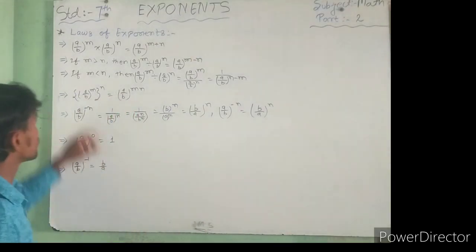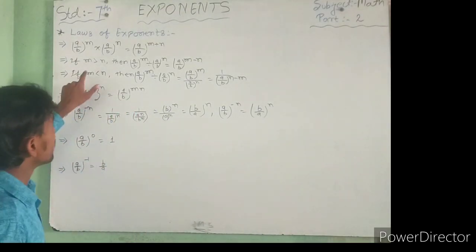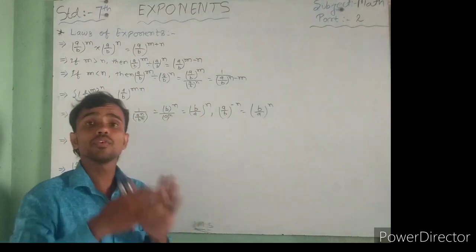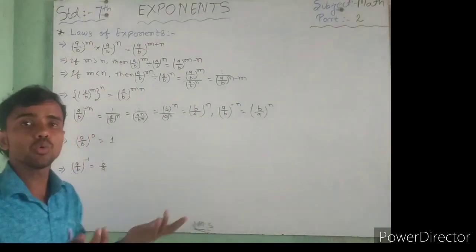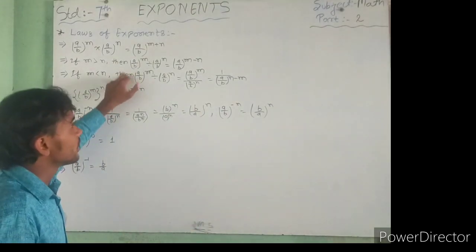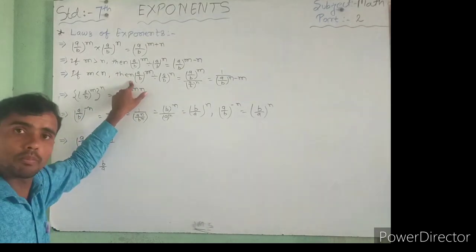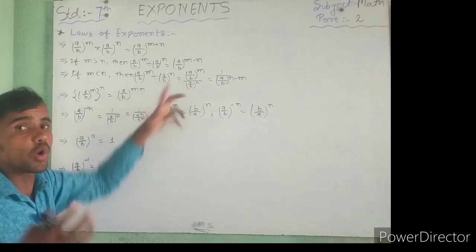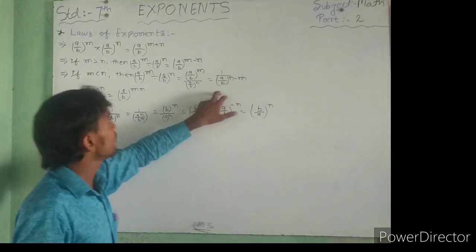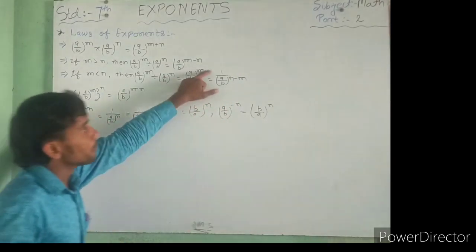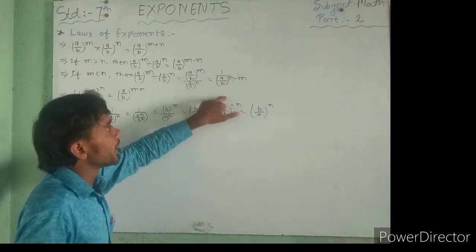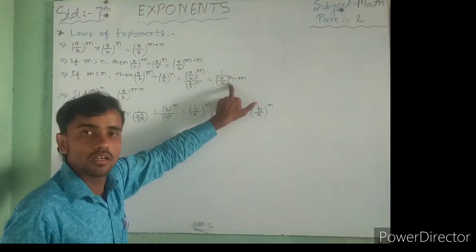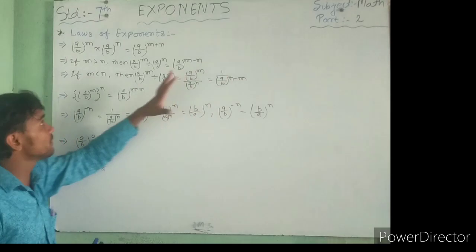Okay, and then the next question, if m is less than n, how to solve it? That is (a/b)^m divided by (a/b)^n. So how to solve it? That's the form: 1 divided by (a/b)^(n minus m).